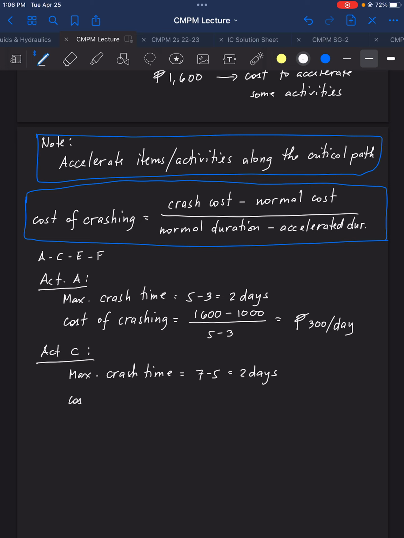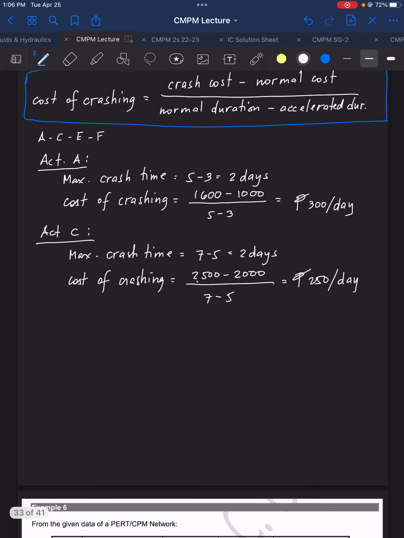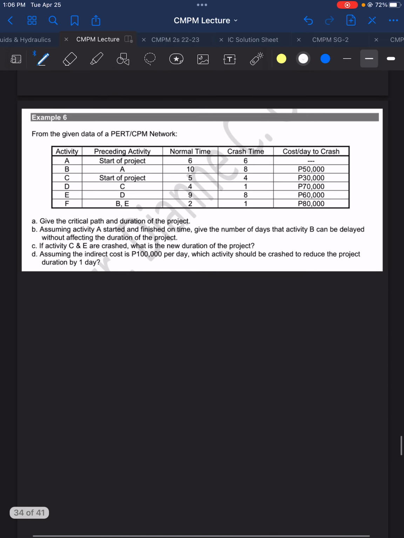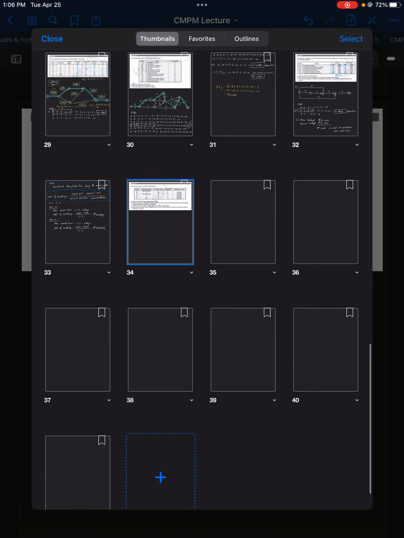Then cost of crashing is equal to 2,500 minus 2,000 divided by 7 minus 5, and that is equal to 250 per day. Now for activity D, I think we need to add an extra page on this one.